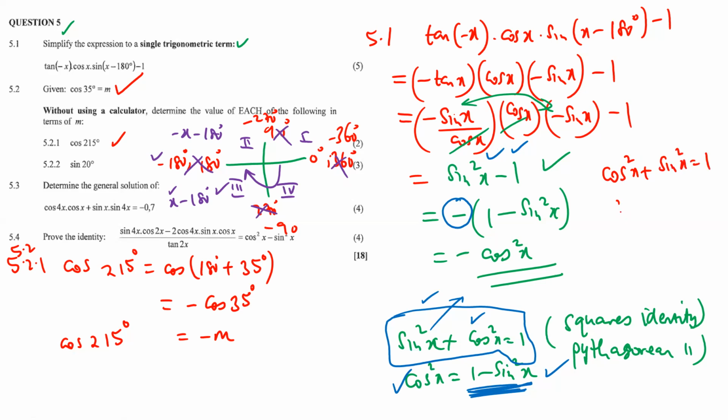So we can make cosine squared the subject: cosine squared equals 1 minus sine squared. It is only with 1 minus sine squared, where the 1 comes first, that we have cosine squared. But in what we got, it was sine squared first, so we had to make sure we have 1 first, and that the 1 is positive.